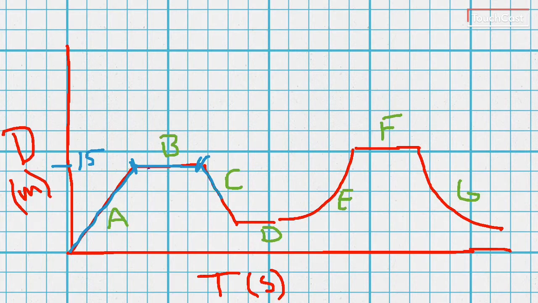Now you have C, where the slope is down, and what that means is the object is coming back towards the initial spot. Your initial spot is 0, they ended up being 15 meters away, and let's say now they're only 5. Then that person must have come back the way they were leaving. Next we have D. That's just another flat line, and so again that means no motion. The person has stopped moving.